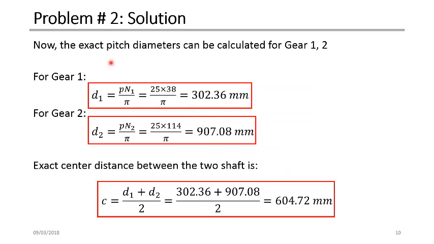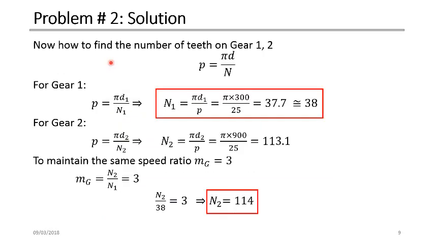So in this case, if I go back here, I've just got this number at 38. It was 37.7, and I rounded this number up to an integer number of 38. If you look at the left-hand side here, you will find that we cannot play with P. P has to be 25, exactly 25. We cannot change this at all.